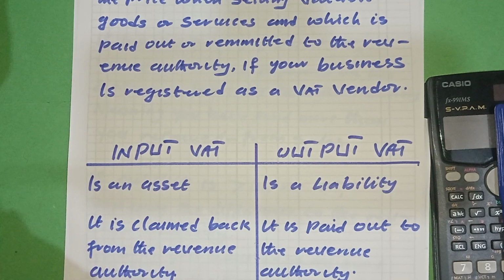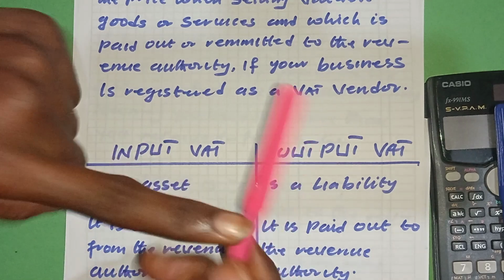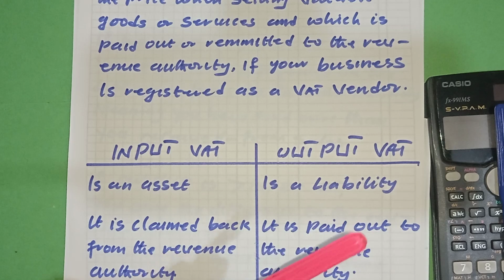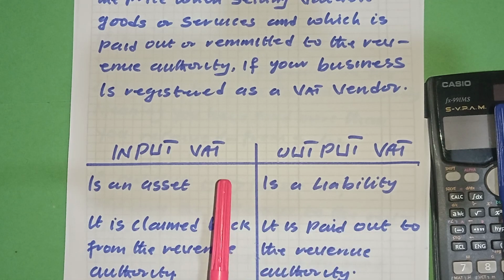That is to say, the tax authority is now owing you that amount of money you've added to buy this product. It's an asset. They are owing you that amount.